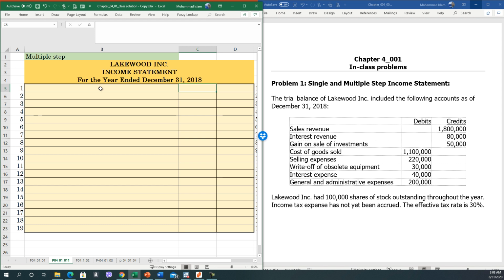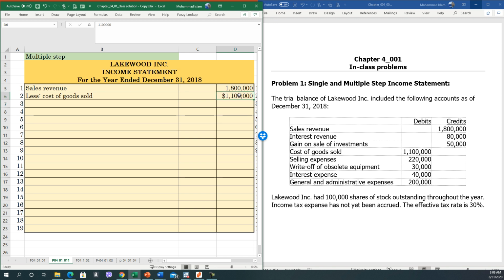Okay, so let's start. The first one is sales revenue, which is 1,800,000. Then there's cost of goods sold, which is 1,100,000.